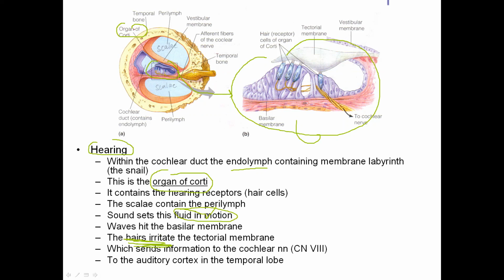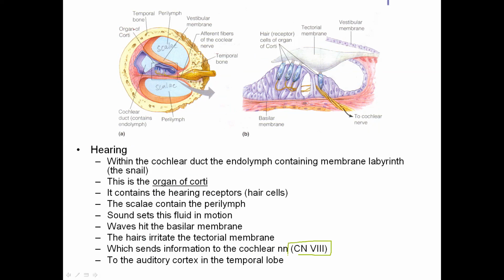I know that word irritate can sound negative, but it means it's activating the nerves. Then it sends information down cranial nerve 8, the vestibulocochlear nerve, more specifically the cochlear part of the nerve, and then it goes to the brain.